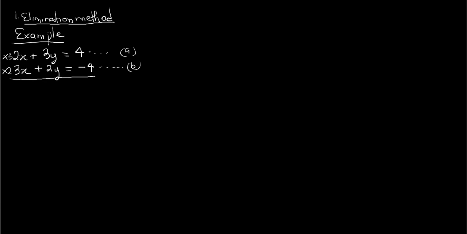If we do that, what do we get? We now get 6x plus 9y is equal to 12. For the second one, if we multiply by 2, we get 6x plus 4y is equal to minus 8.